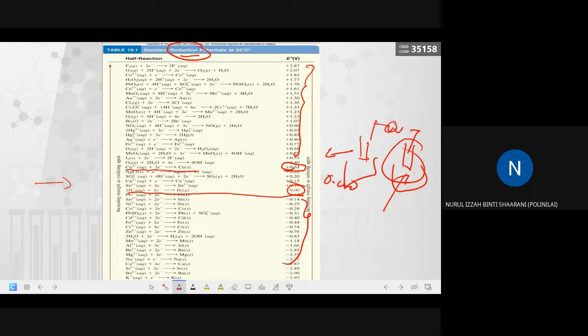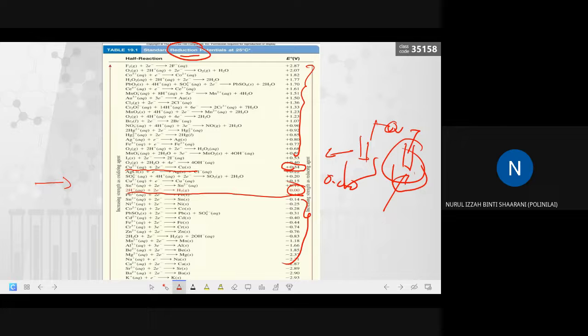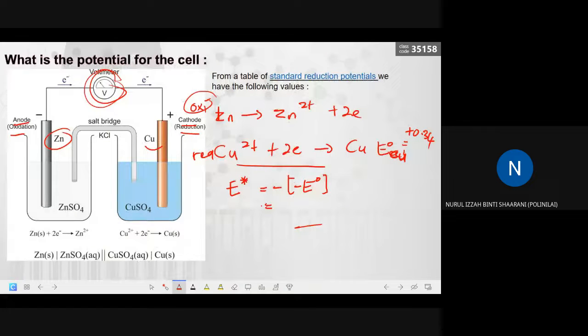To find E star, the standard oxidation potential, the formula is negative E°. So what is the E° for zinc 2 plus? This one, negative 0.76.